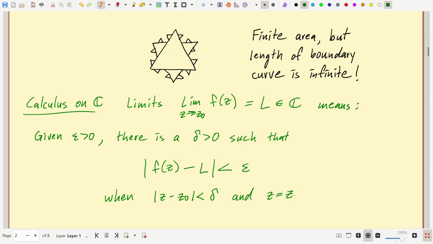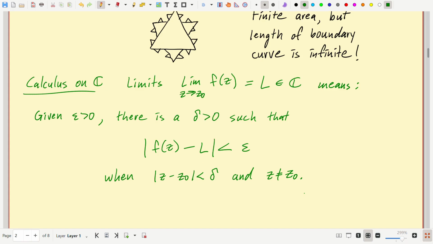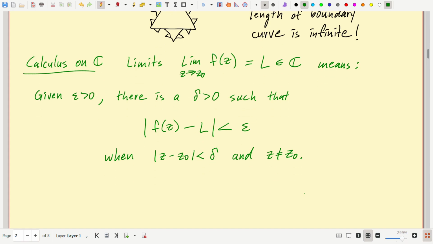When we're going to do difference quotients, in the difference quotient, when z is equal to z naught, that difference quotient doesn't make any sense. So in the definition of limit, it's important that you don't include the point in the middle. That's why the z unequal to z naught is important, because the function doesn't even have to be defined at z naught for the limit to exist.